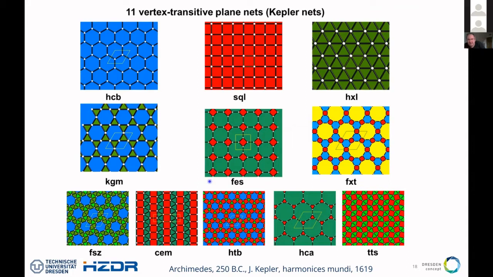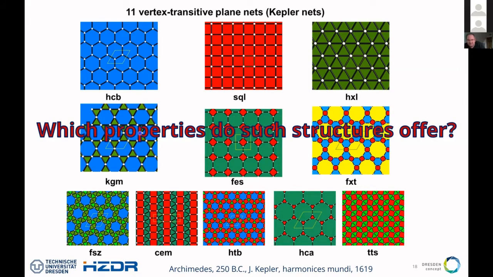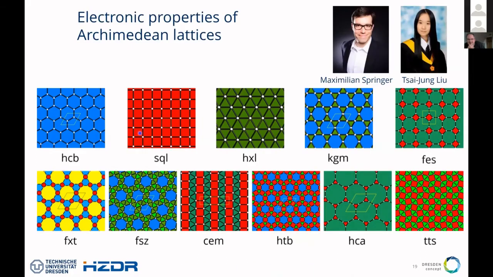Before we look into them, they are richer than just the Kagome lattice that we have here and the Lieb lattice, which is not a member of these 11. The question would be, what would be their properties? What kind of properties could such structures offer? That is a project of Max and Zayung, who are working on that. And in the very beginning, one can do something very simple.